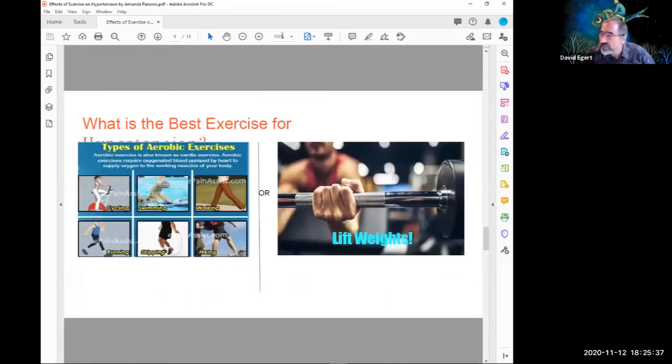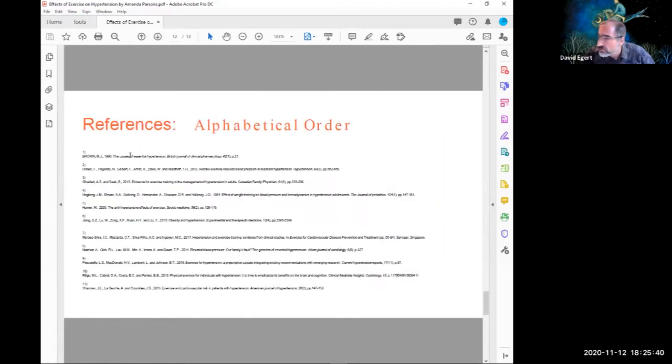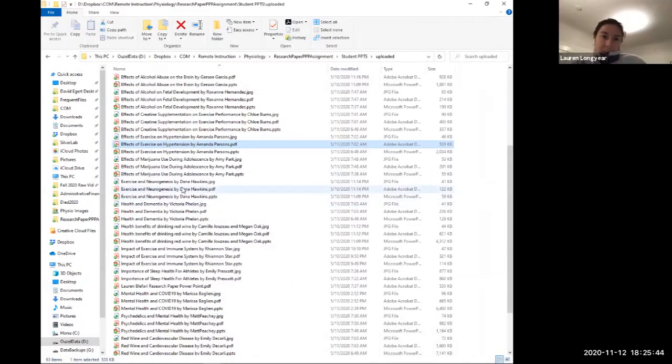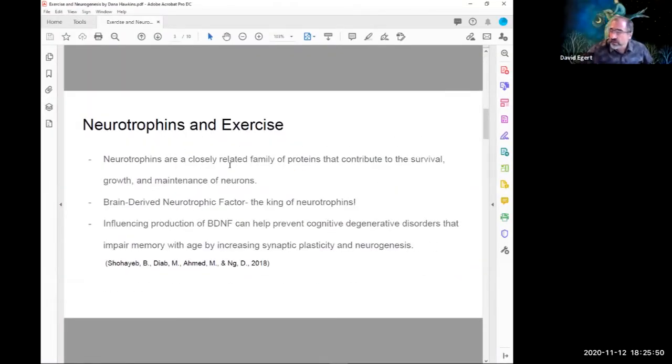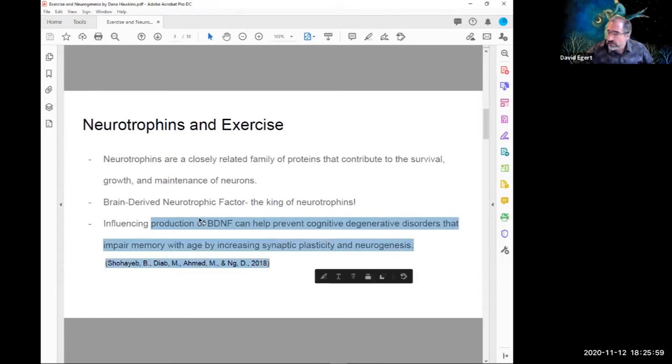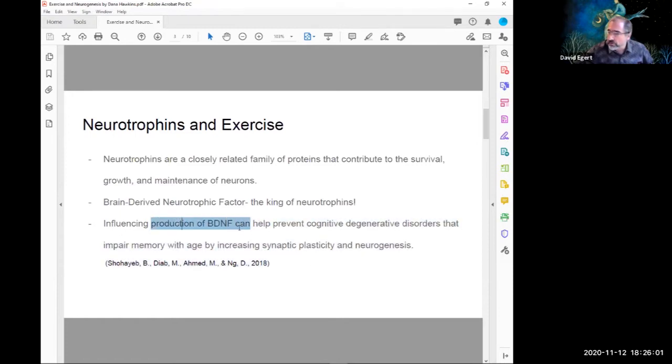So this, she did this actually a little differently; normally you'd put the references in there. Let me find a different one. Like at the bottom of that same page where you posted the picture. Yeah, like here. She's talking about neurotrophins and exercise, giving the main things that she learned, talking about influencing production of brain-derived neurotrophic factor to help prevent cognitive degenerative disorders.